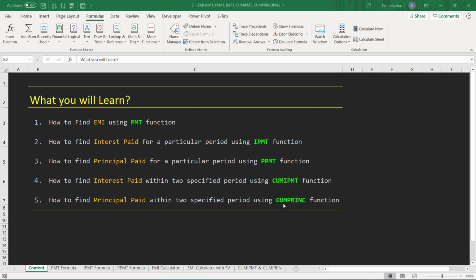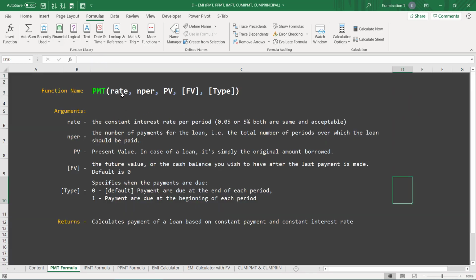It can be anything. Similarly, within those two periods, if you are trying to find the total principal amount that you have paid, you can use this cumulative principal function, which is CUMPRINC.